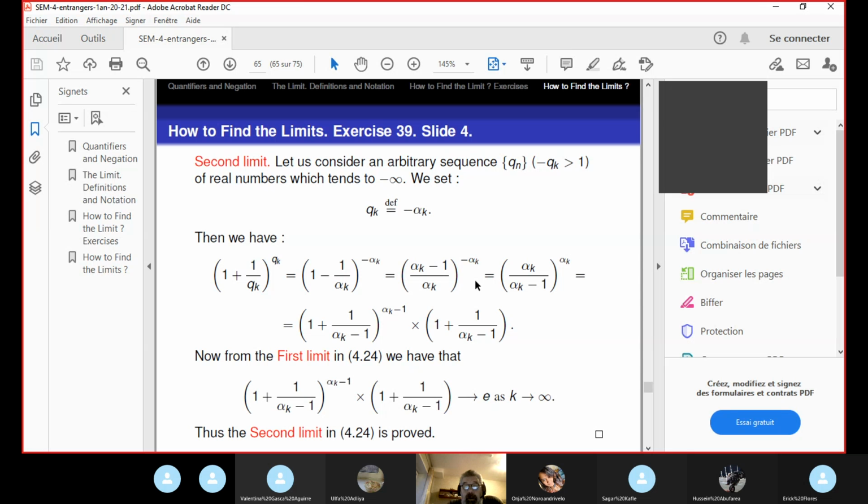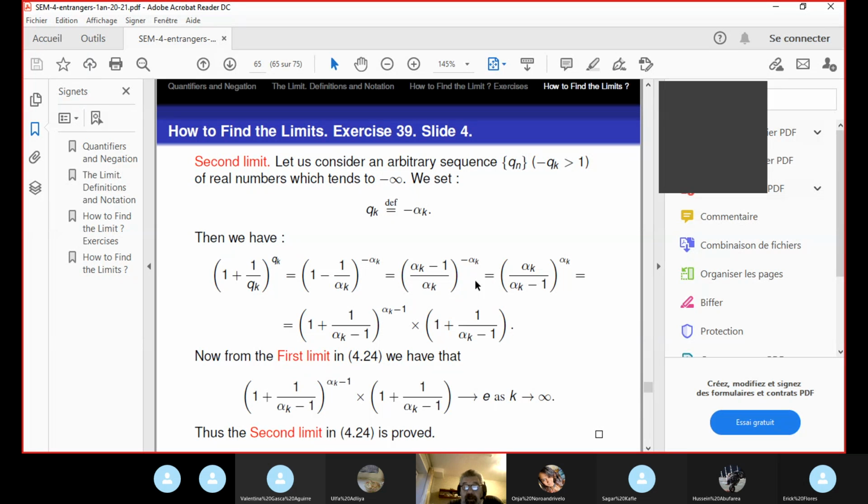Then, if you want, we can apply the first limit. So, in some way, if you denote alpha k minus 1 as p sub k, then for the first term we have that this term goes to e as k goes to infinity, and for the second term, the limit is 1.